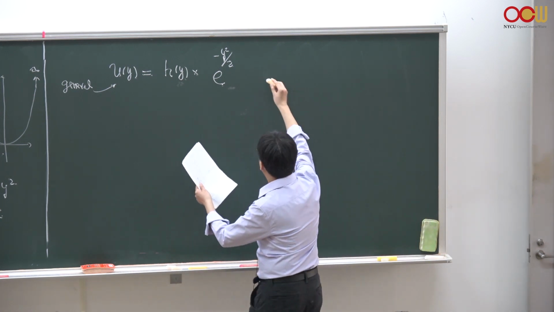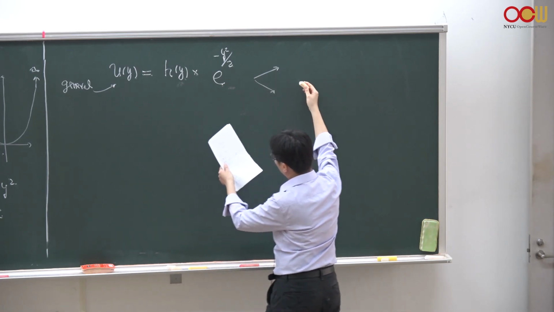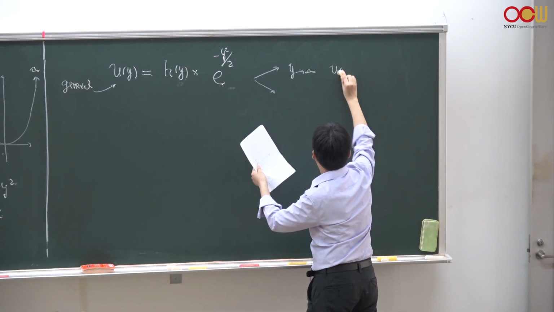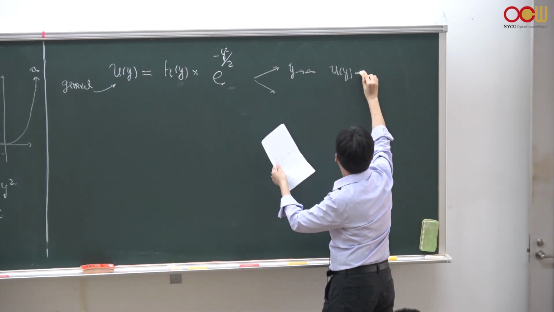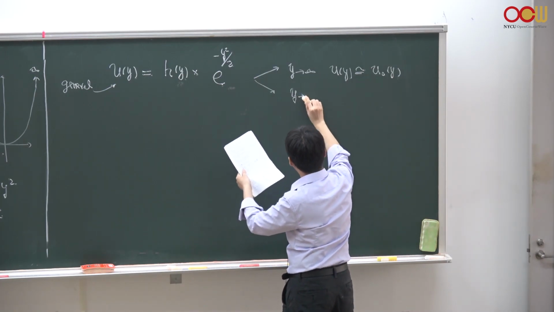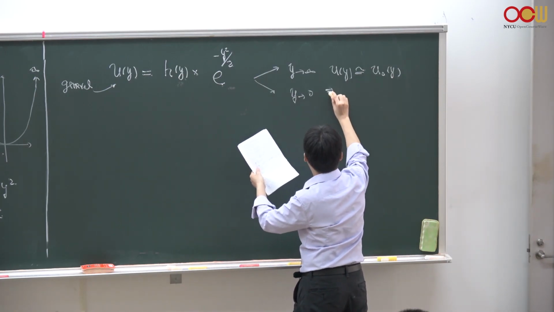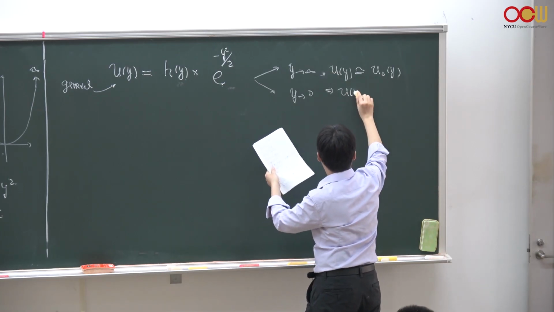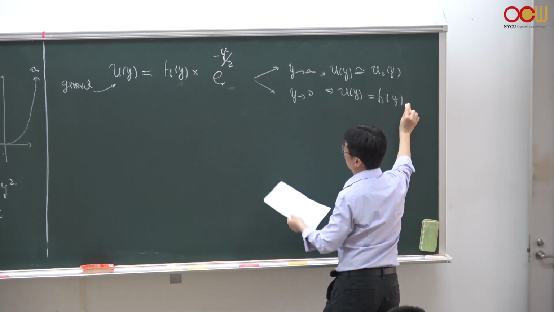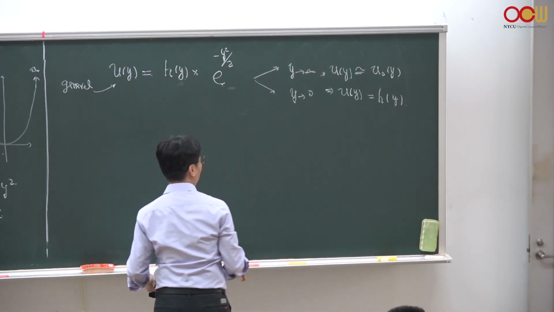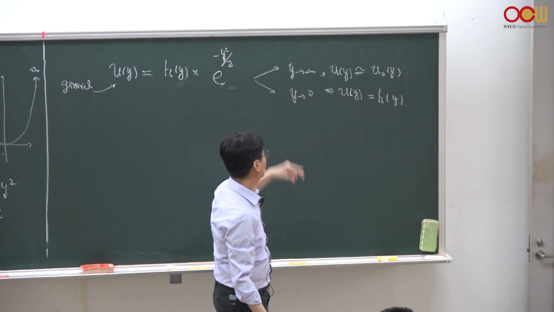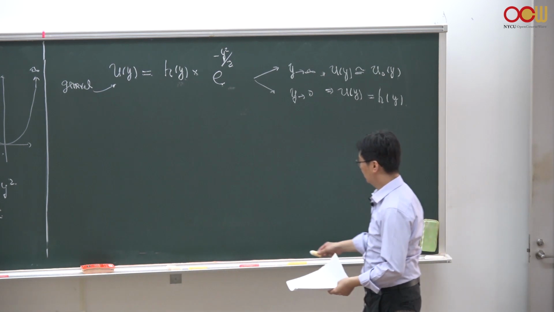Okay, but if we are lucky, when y goes to infinity, this u of y simply goes to u0 of y. When y goes to 0, on the other hand, this general solution u of y reduces to the h function. So that's our hope. We don't know whether this hope is really working or not, but let's just take this answer.